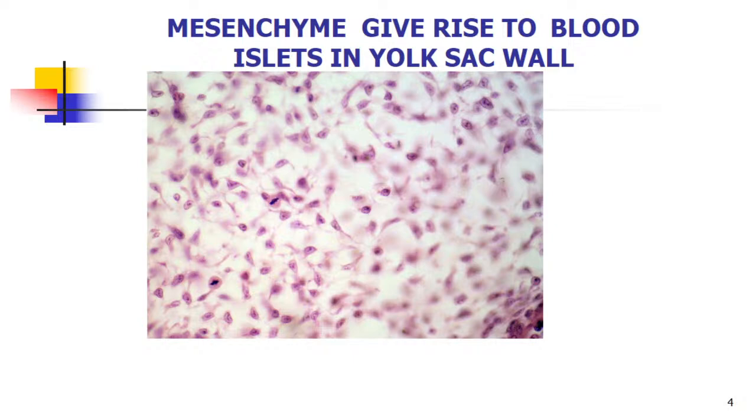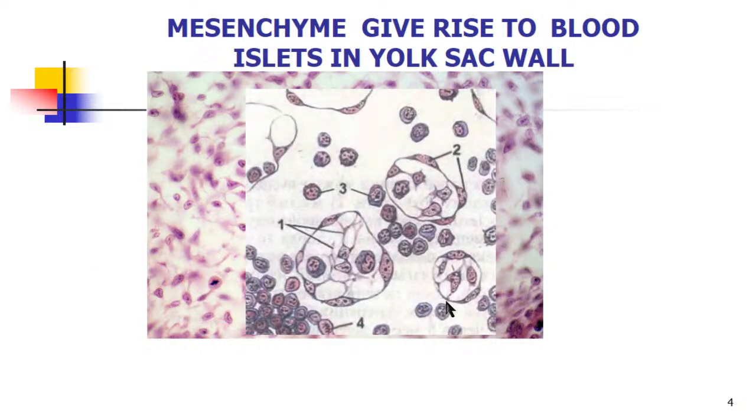From mesenchyme arise loose connective tissue, dense connective tissue, and vessels, for example endothelium, and smooth muscle cells of vessels and of internal organs, all derived from mesenchyme. It is a very difficult question whether mesenchyme is a primordial tissue, and we can't call it an original tissue because it has lost the fibrous component absolutely.